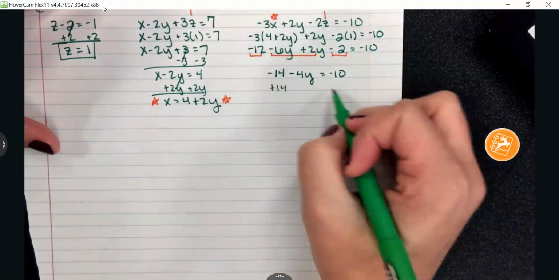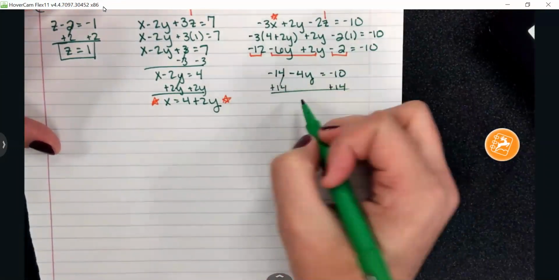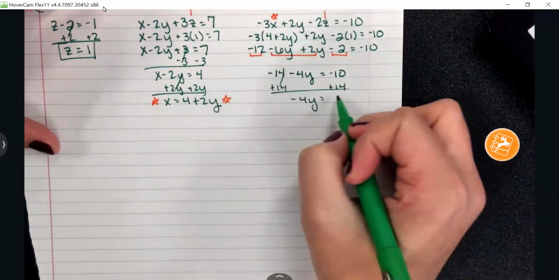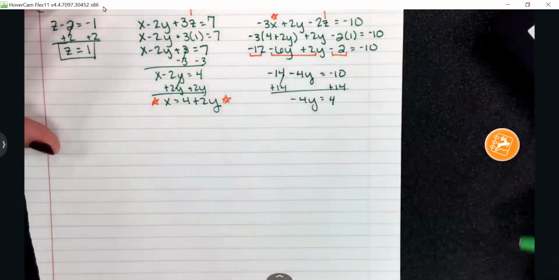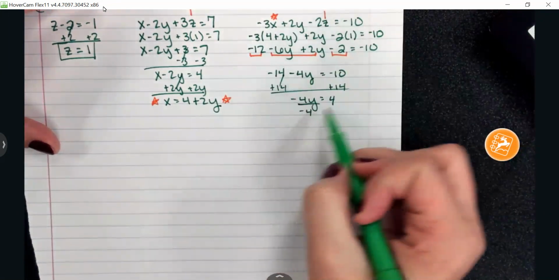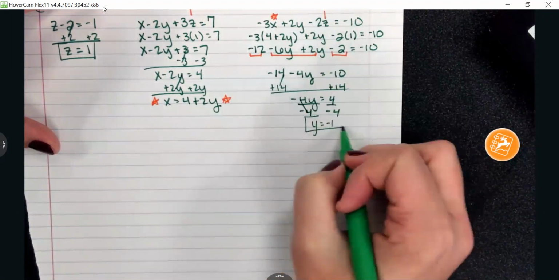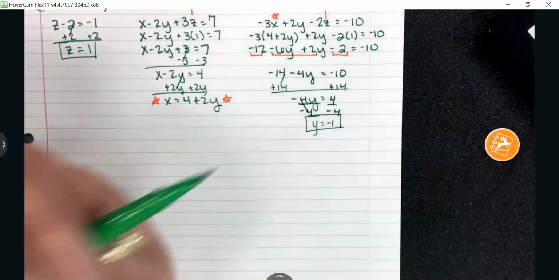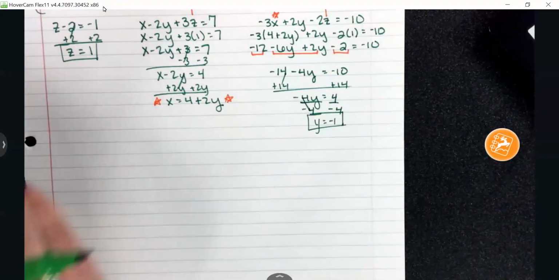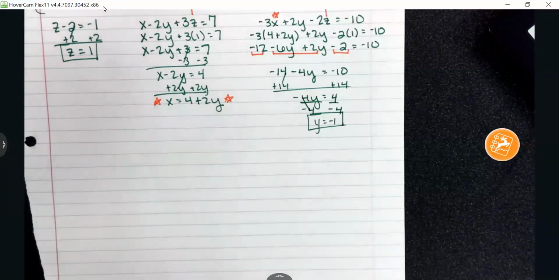Add 14 to both sides. Negative 4y equals 4. And then I'm going to divide by -4. So y equals -1. Cross out my equation, but I'm not done.